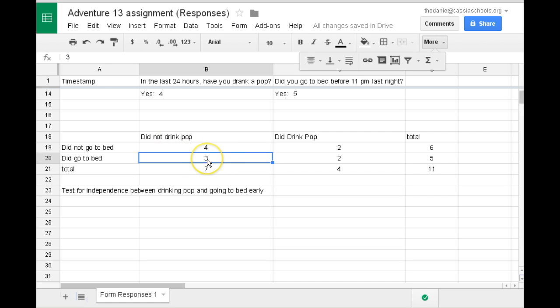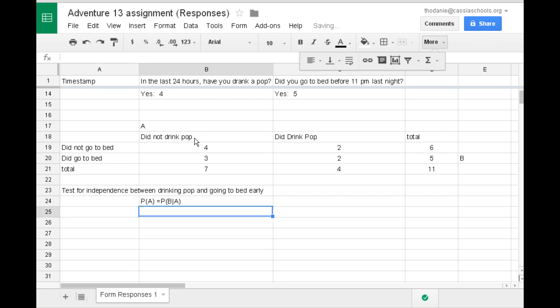That's the probability of A. So I will call this event A. And then I will call this probability B. So what I want to do is find out, is the probability of A equal to the probability of B given A? That's what I'm really trying to test.